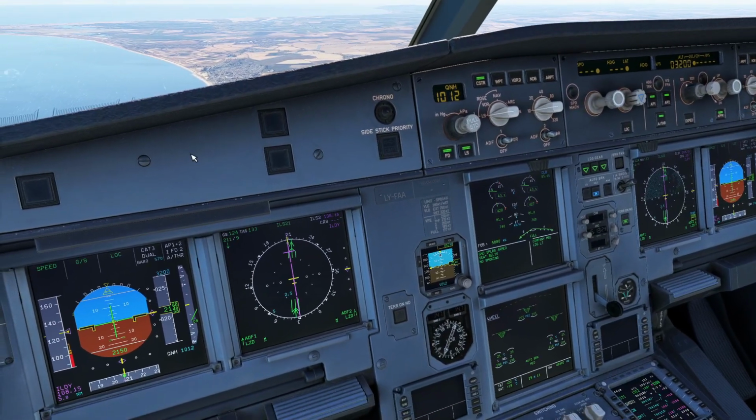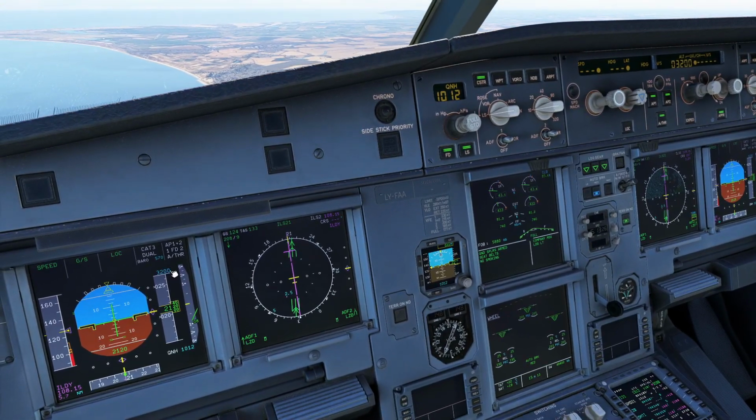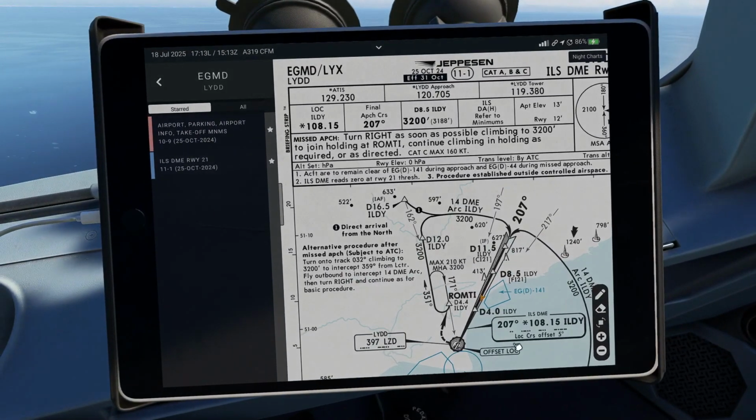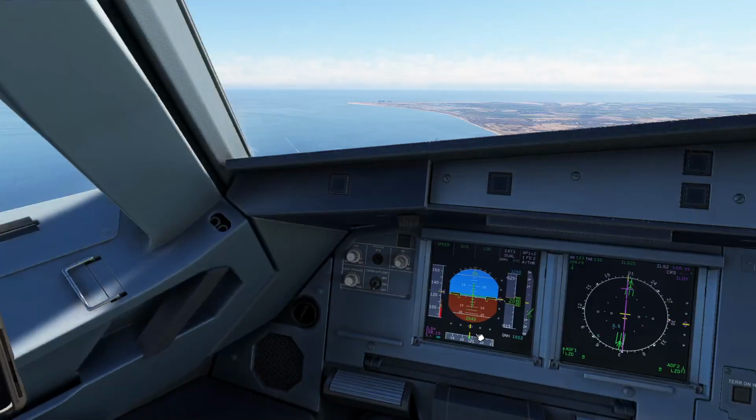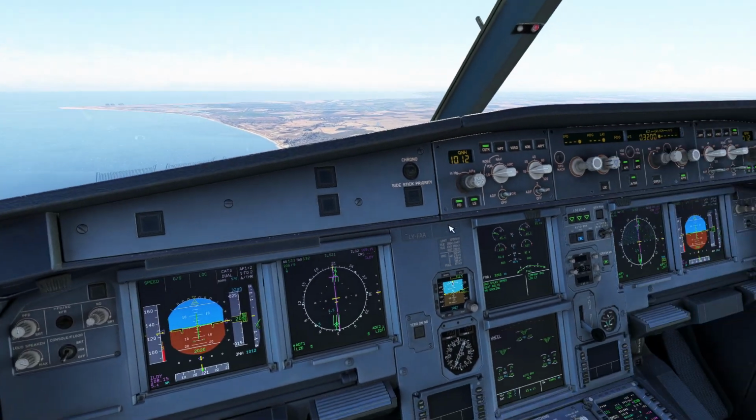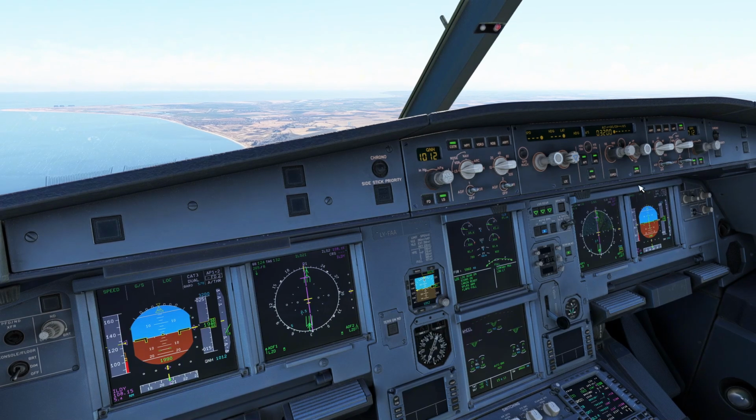Okay, at the 5 mile point it is good to turn toward the runway. FD is off.